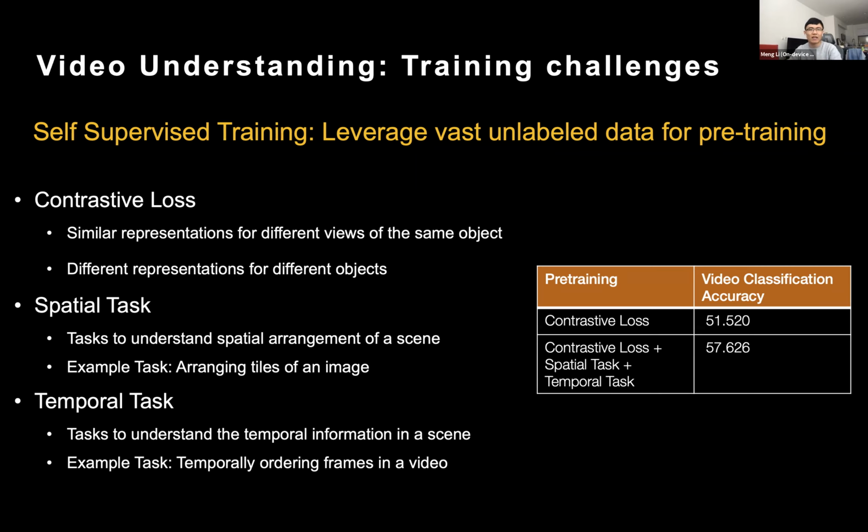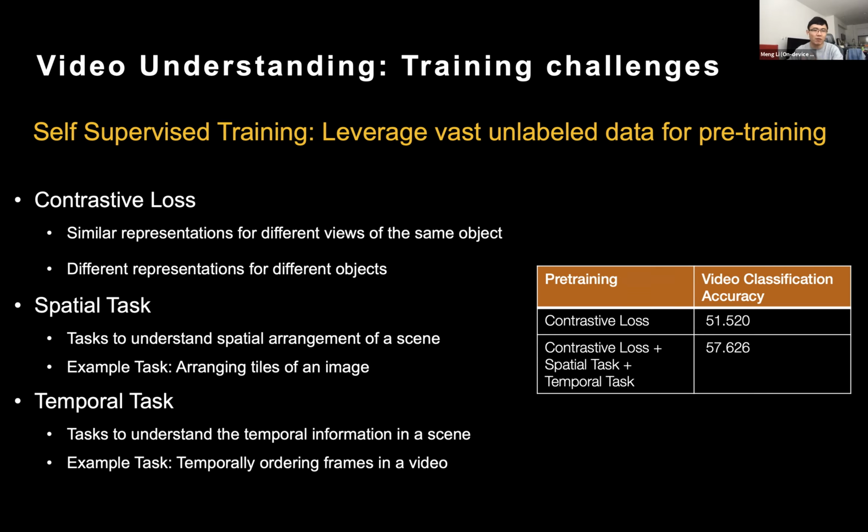And what we find is we can further augment this contrastive loss by adding both spatial and temporal tasks. Spatial and temporal tasks basically encourage the backbone to understand more about the spatial arrangement and temporal information of a scene. For a spatial task, you can tile the input images, rearrange the tiles in the image, and ask the backbone to recover the original image.